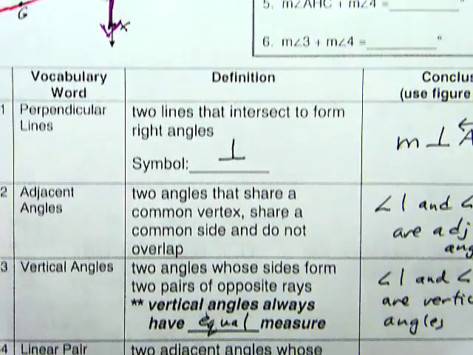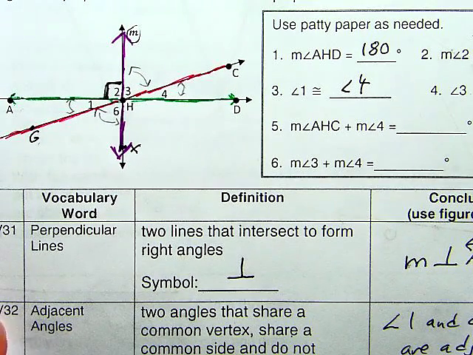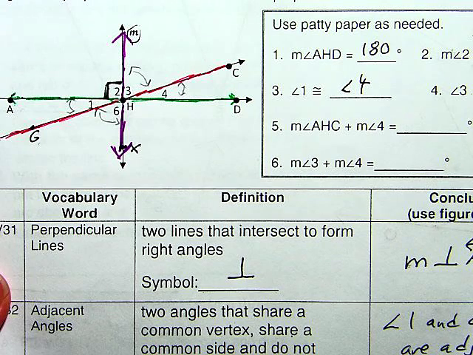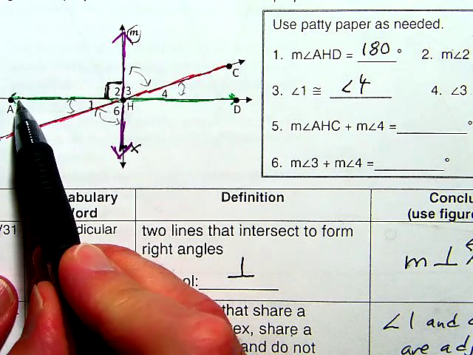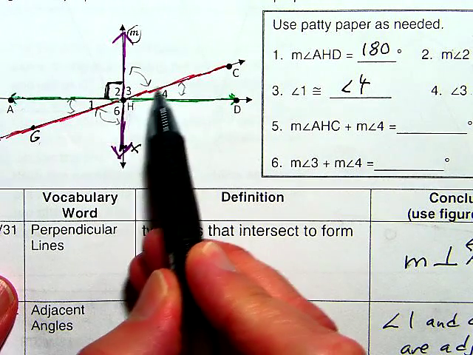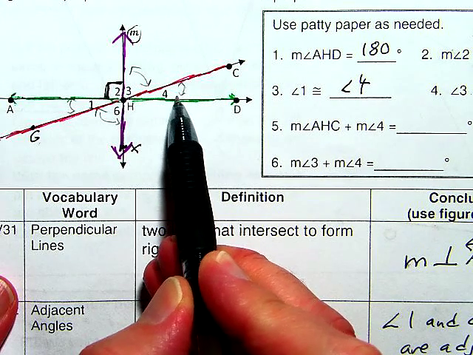Let's take a look at that. So for example, if we want to see a linear pair, we could look at angle AHC and angle 4 right here.